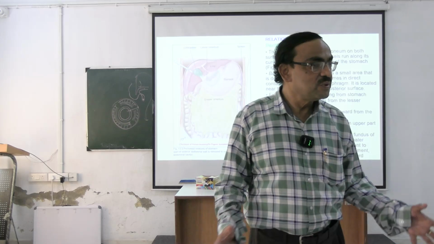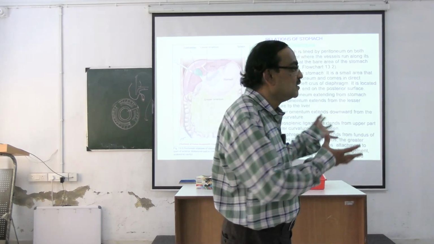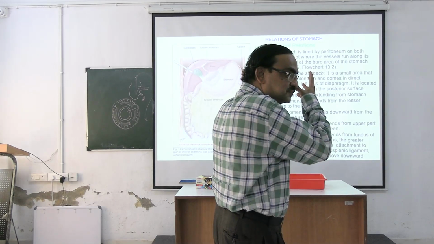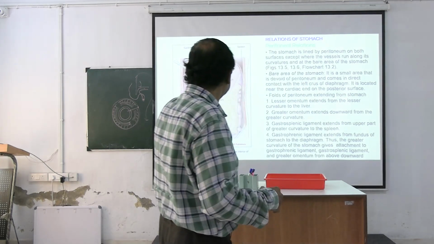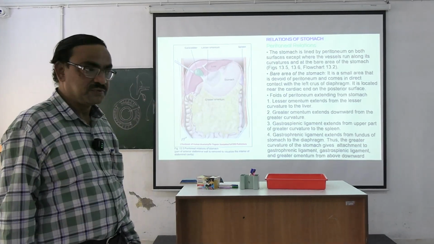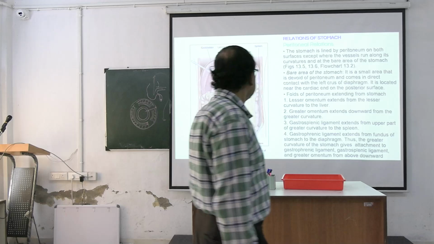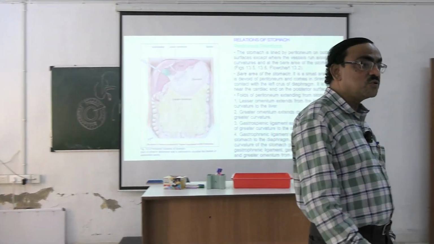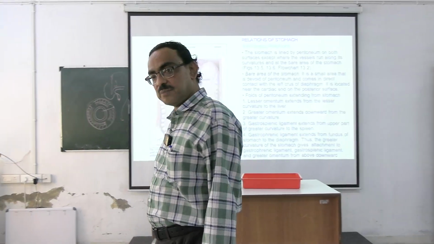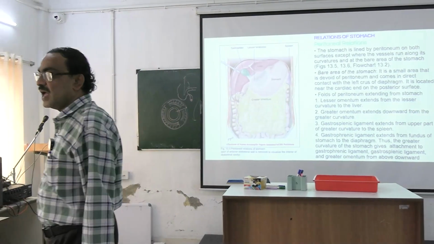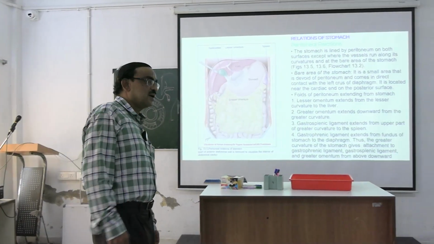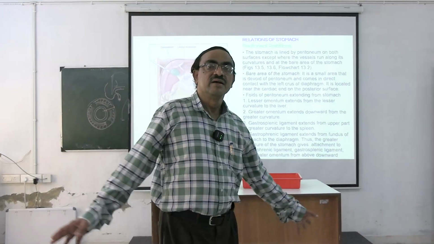Okay, so from the lesser omentum, the peritoneal fold will go up to the liver, and another part from the first part of the duodenum will go to the liver. So that lesser omentum is again divided into hepatogastric and hepatoduodenal parts. Similarly, another fold of peritoneum which is coming down from the greater curvature is the greater omentum.